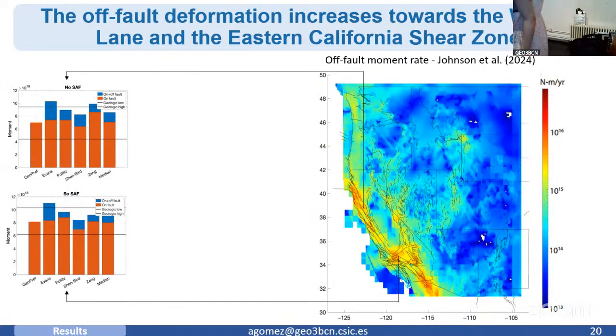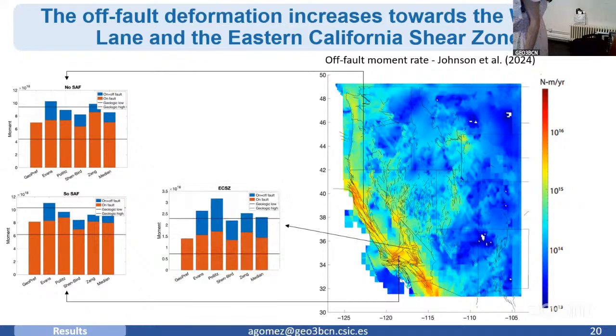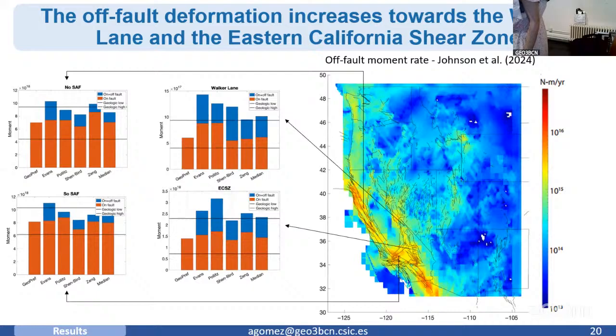Actually, if we have a look at these diagrams here, the orange bars are the on-fault component of the deformation. So here, corresponding to northern San Andreas, and this diagram to southern San Andreas. But if we move towards the continent, to the region where we have an important, about 20%, component of this deformation being accommodated, we move to the Eastern California shear zone in this case, and here to the Walker Lane.